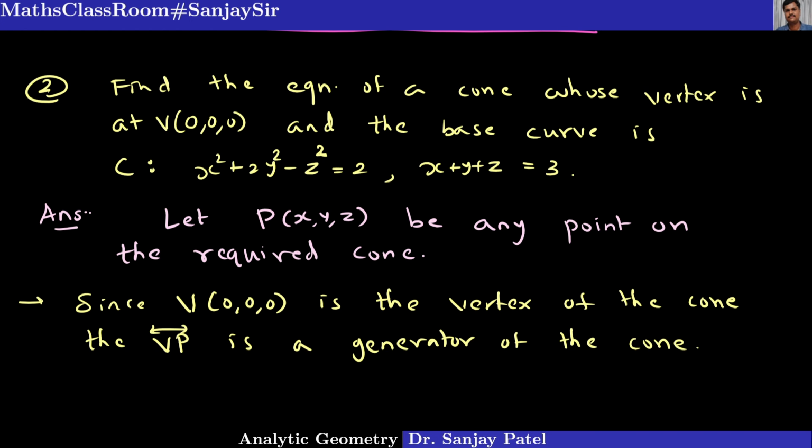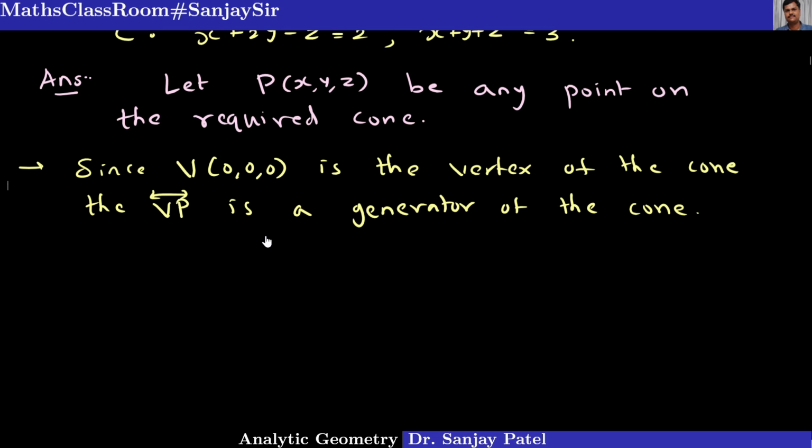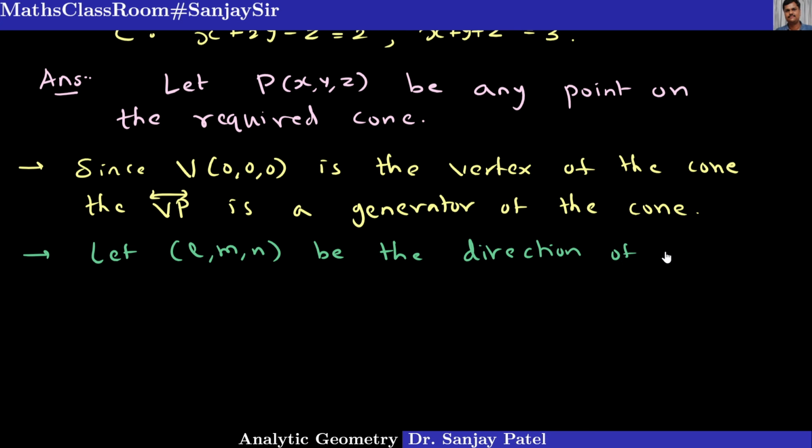And then the next step is, we suppose the direction of this generator. Let L, M and N be the direction of the generator VP.